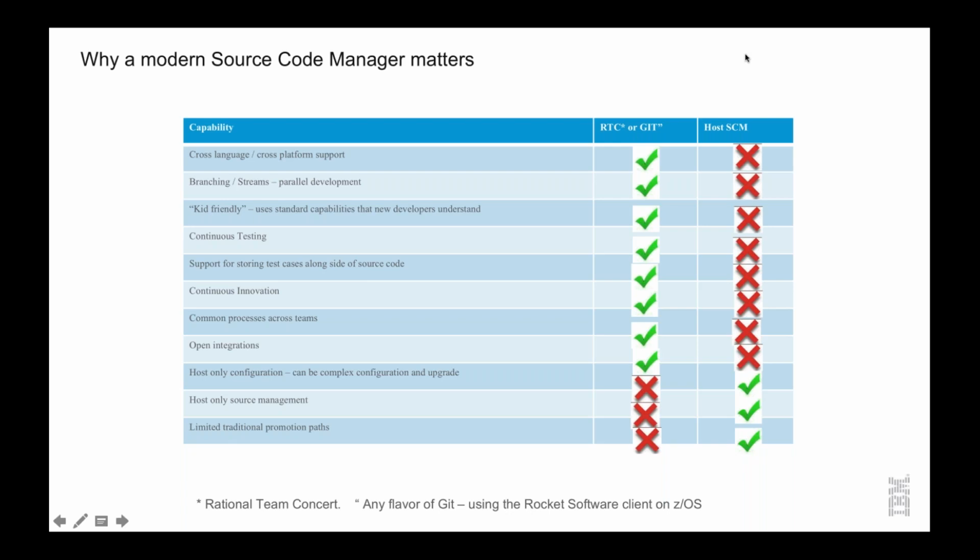So why are we forcing Z teams to work in that old way? Modern tools provide a true SCM. They provide branching or stream structure to allow you to work independently. As I say, they're kid-friendly. Most students coming out of college know these tools.